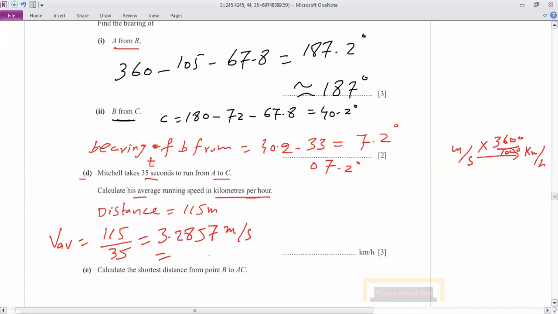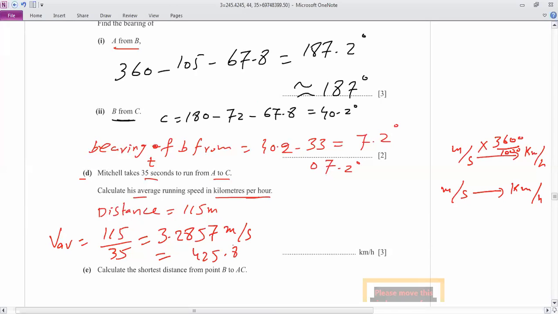So finally it will be... I'm changing meters... it's coming 425.8, but isn't it a big value? Everyone can check and confirm.